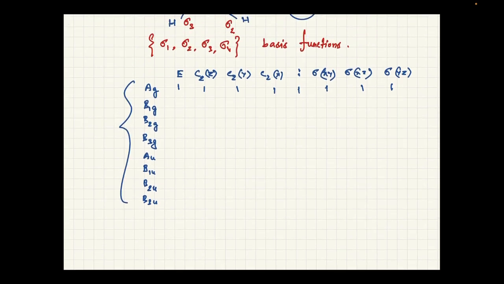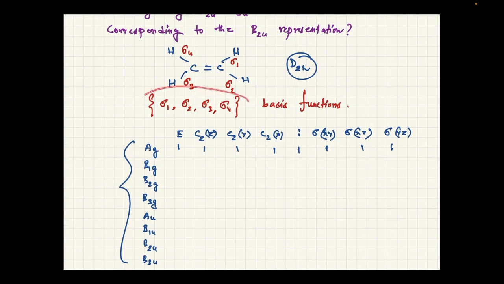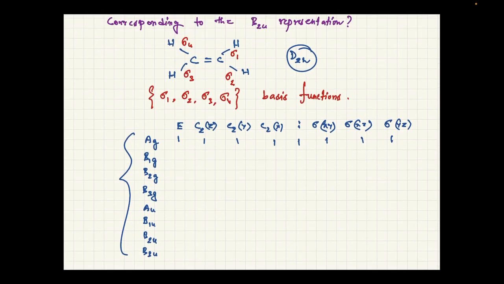Now using these 4 sigma as basis functions, what is the reducible representation? To find the characters of the reducible representation, the short procedure is to find which particular sigma or basis will alter its position under some symmetry operation.